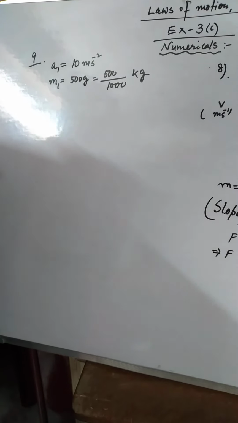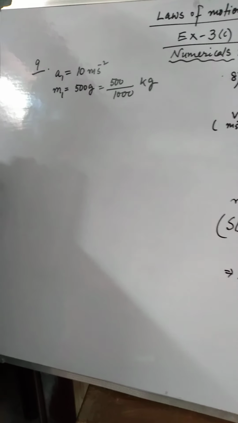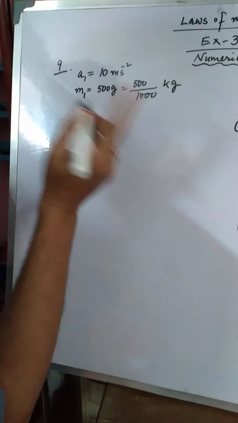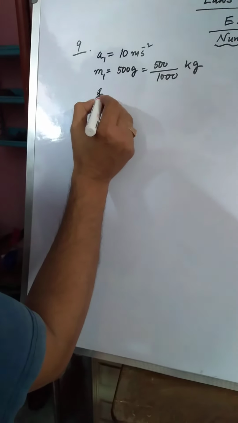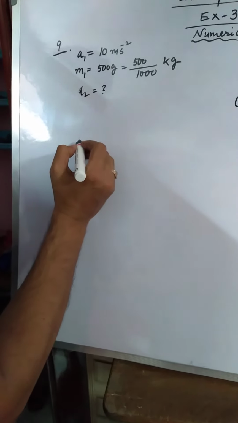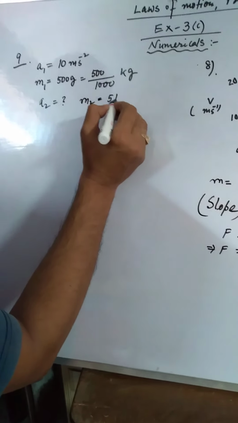Now the question is what acceleration will be caused by the same force in a body of mass 5 kilogram. So the force should be the same, but you have to find out the acceleration produced by the force when the mass of the body is 5 kilogram.